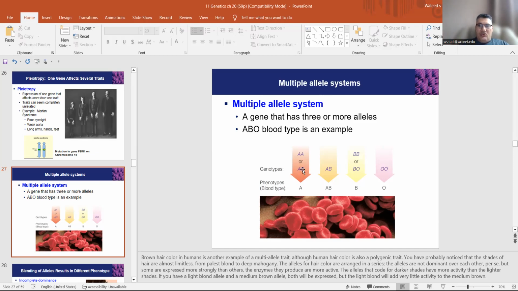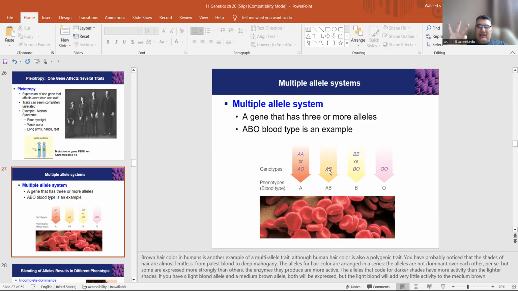How about AO? A. How about AA? A. Why? Like AA, both of them are A, definitely A. What about AO? O is the only one that's recessive. So if you got one dominant, one recessive, yes, you get A, or two dominant. But A and B, both of them are dominant: co-dominance.